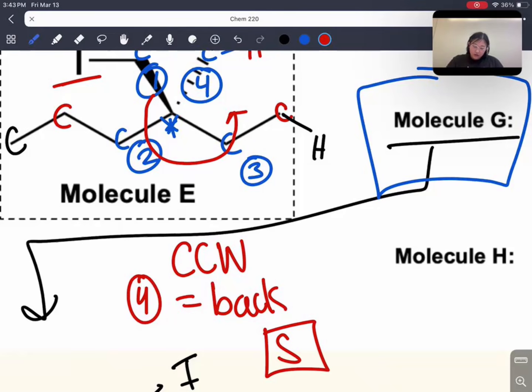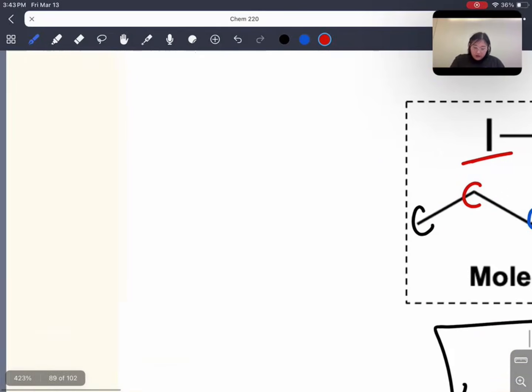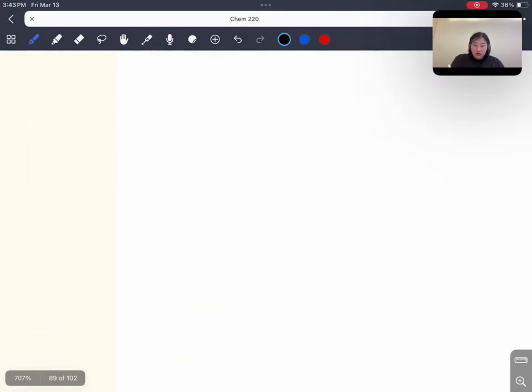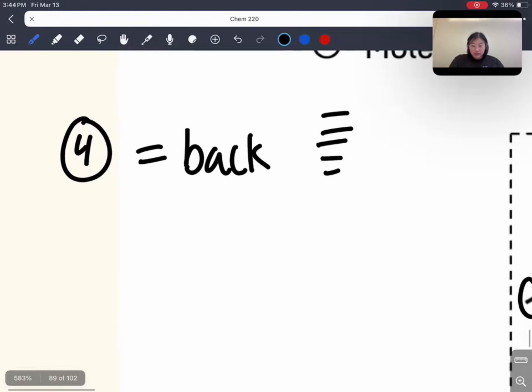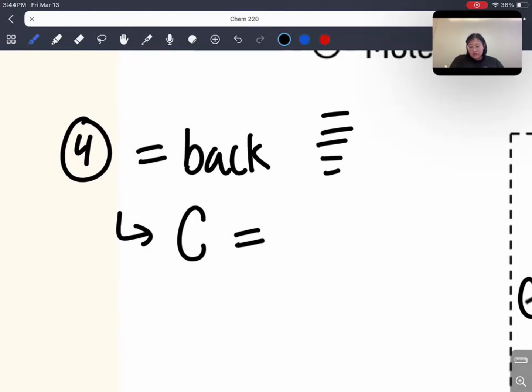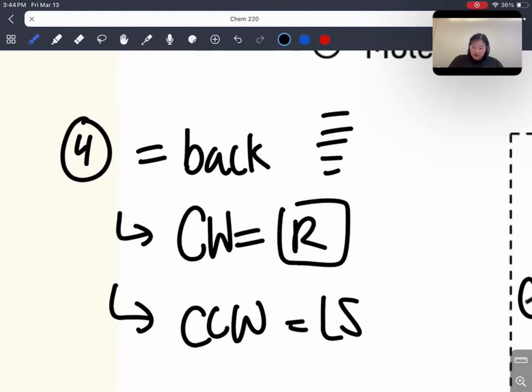So I'm just going to write a quick cheat sheet for how to assign R and S. If your lowest priority group is in the back, a dash, then if your numbers 1, 2, 3 connect clockwise, the chirality will be R. If your 1, 2, 3 goes counterclockwise, then you would have an S chirality.